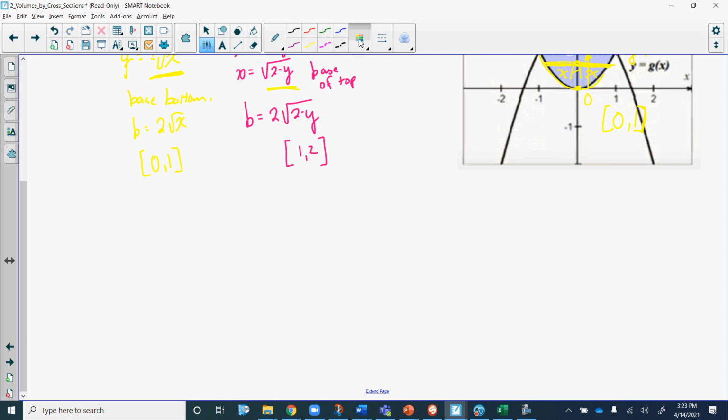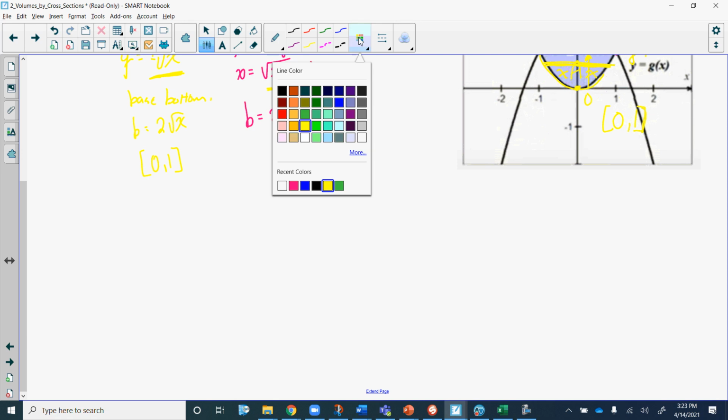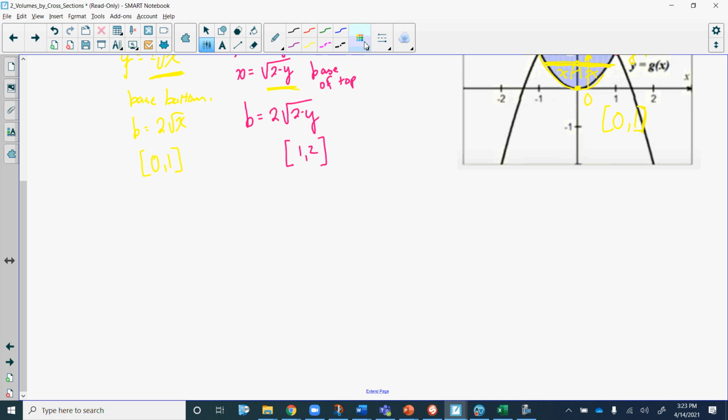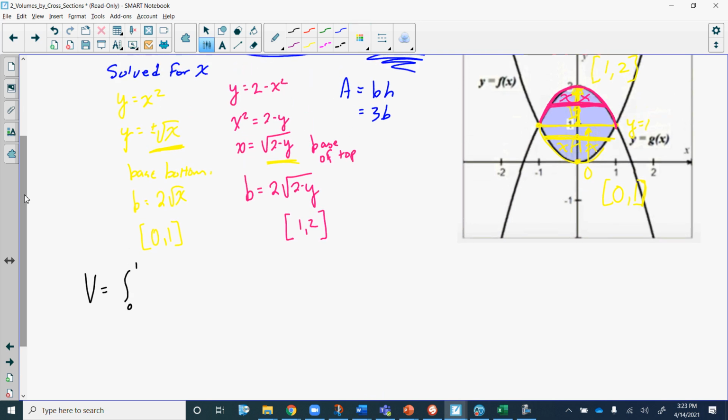Okay, so here I'm going to do my integration in 2 different colors, simply because we have 2 different regions that we're going to be looking at. So the volume in one case from 0 to 1 is going to be the area of the base, which is what we're looking at here.